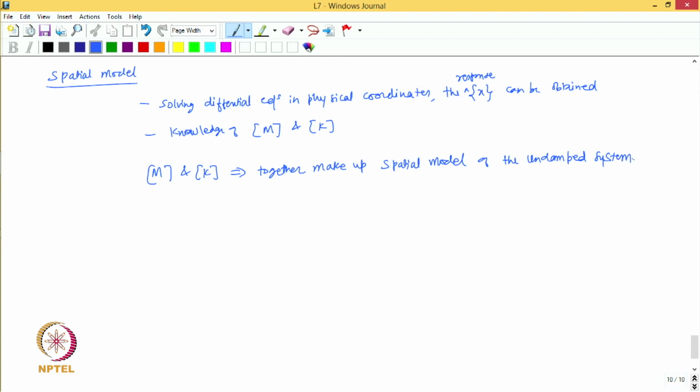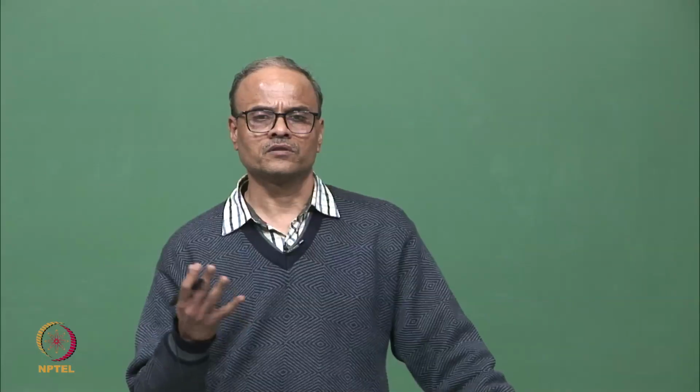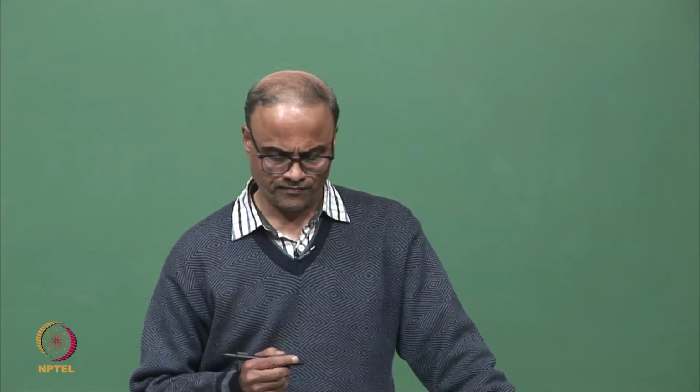So, if there is a vibrating system, the mass and stiffness matrix of the system together make up the spatial model of the system, right. And of course, as we said earlier, the models are not unique. It forms one of the spatial models of the system.